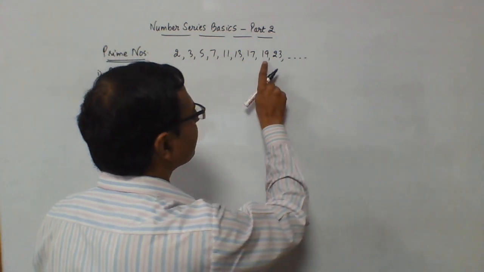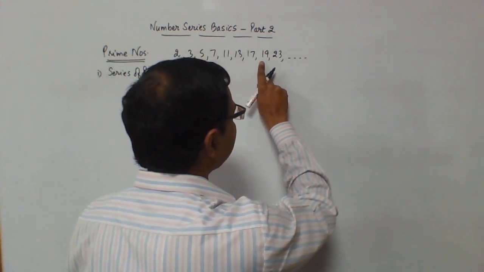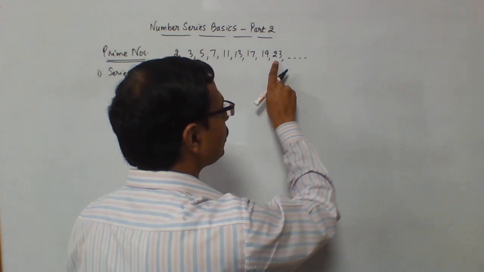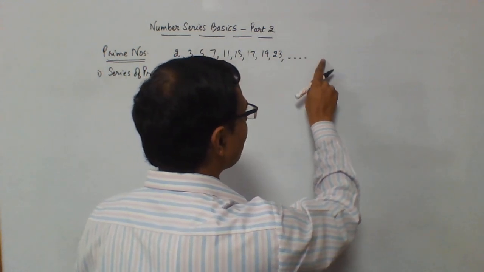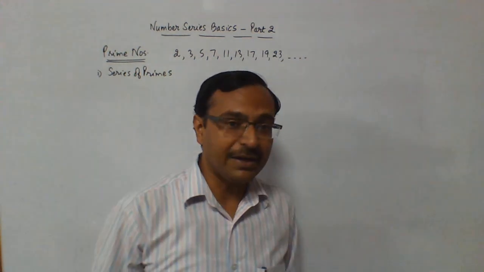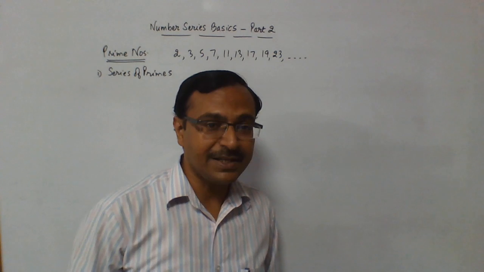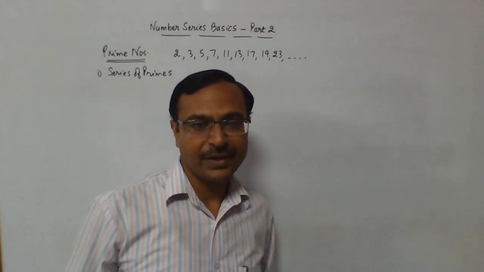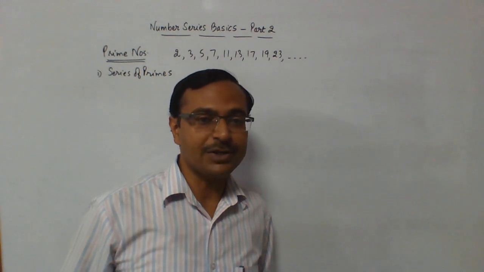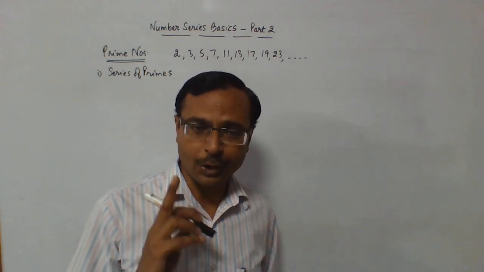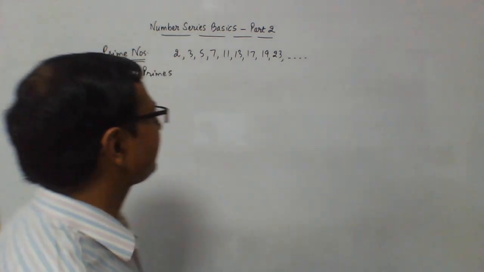But when we start from 19, 19, 23, and then after 23 we have directly 29, then 31, then 37, that will be a little difficult. So a series of primes is very important, and normally the paper setter gives you a series of primes starting from a random number in between, not from 2. So that is the first one.